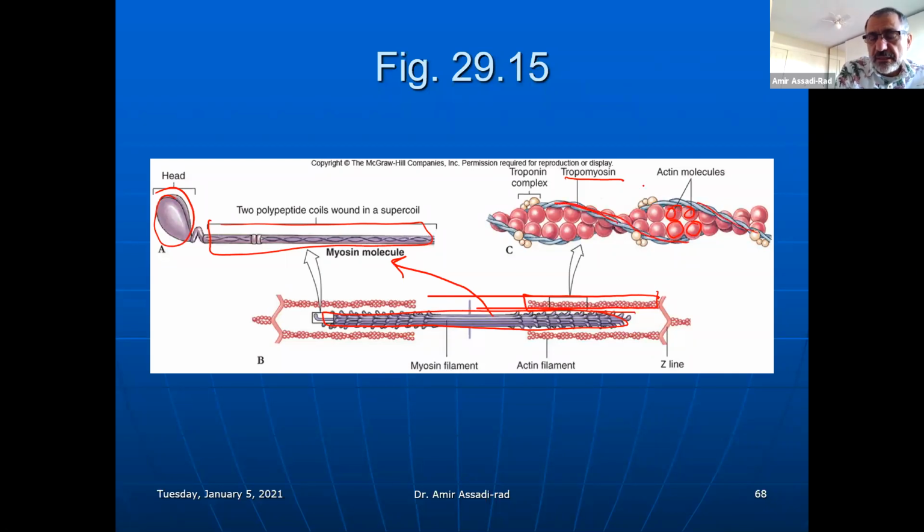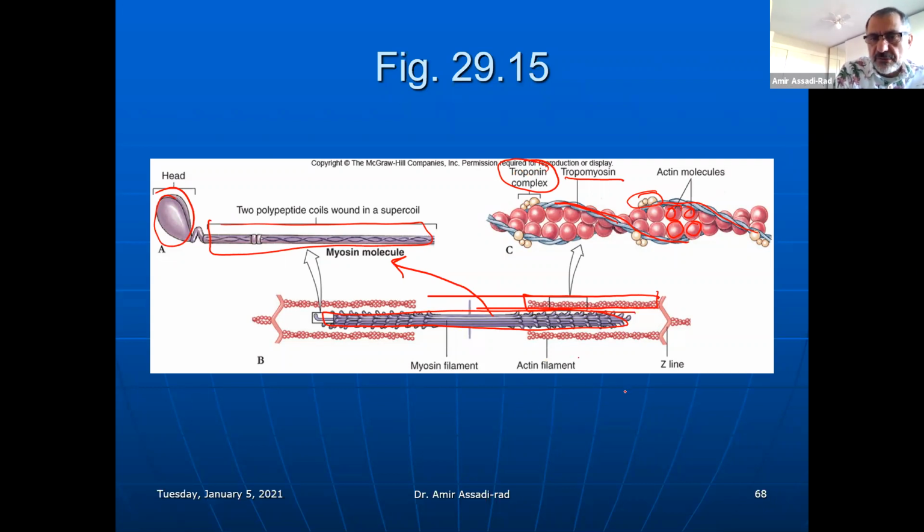Have you seen those balloons that are connected together? And then there are little ping pong balls right here. Those ping pong balls are called the troponin complex. And that is the structure of the thin filament or actin filament.